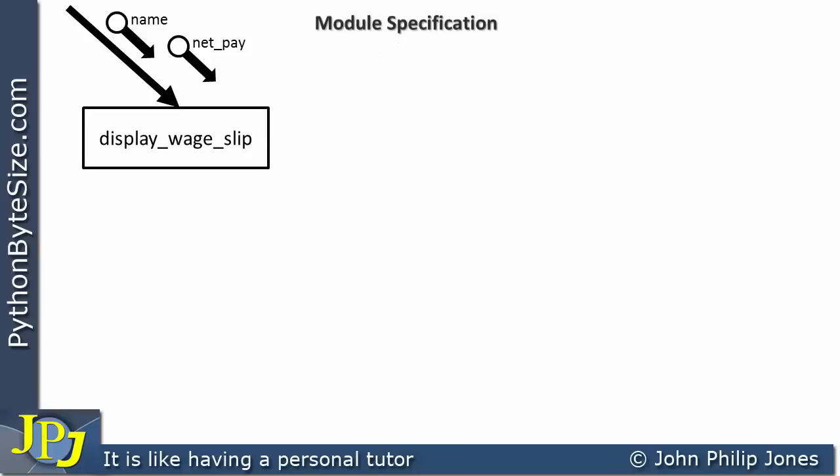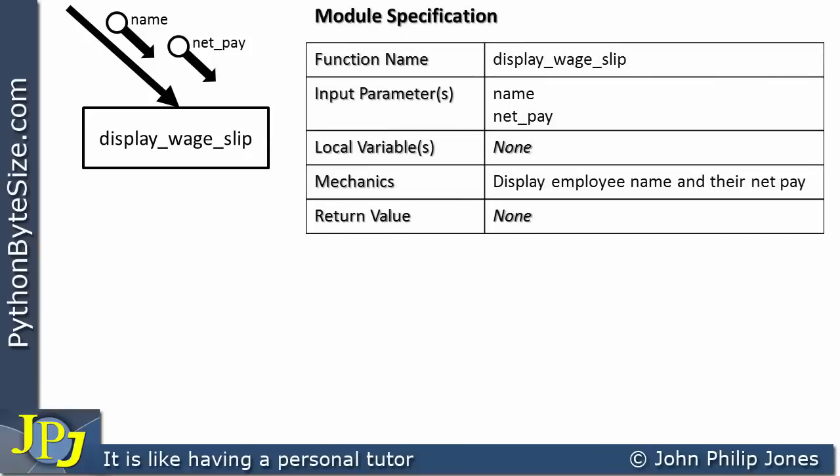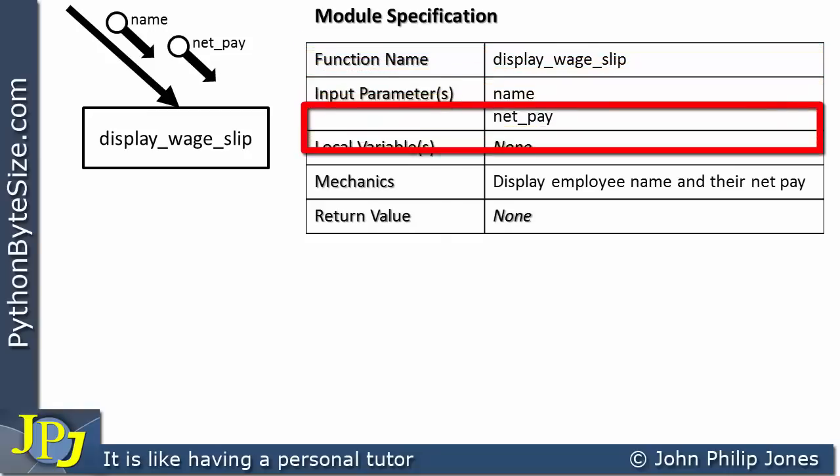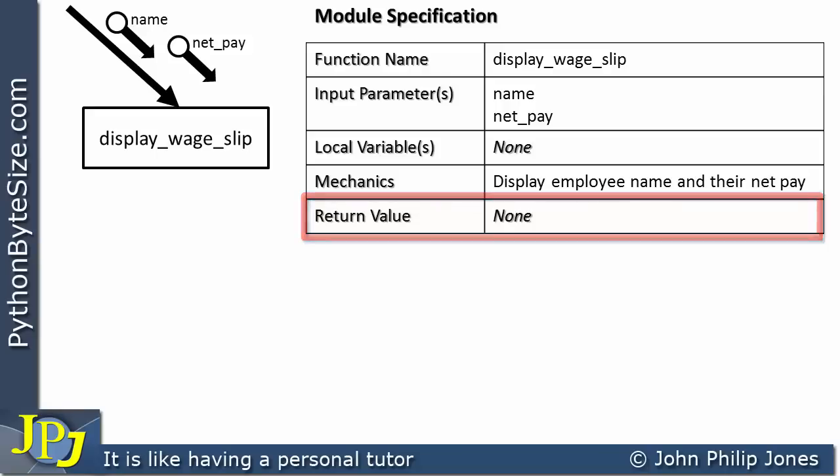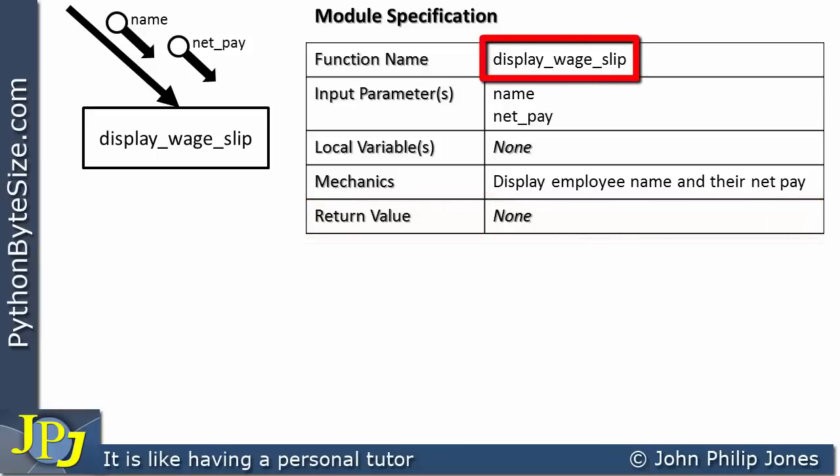If we now consider the module specification for this as shown here, we can see that we're concerned with function name, input parameters, local variables, mechanics and return values. Straight away we can see that the function name is display wage slip, the input parameters are name and net pay, local variables, well, we have none for this particular module.